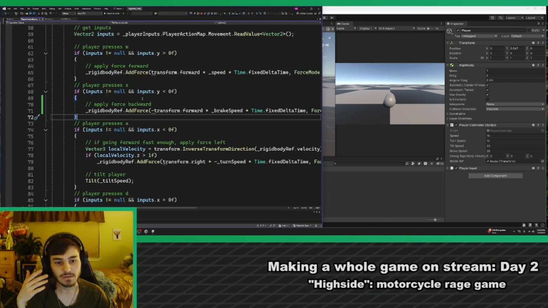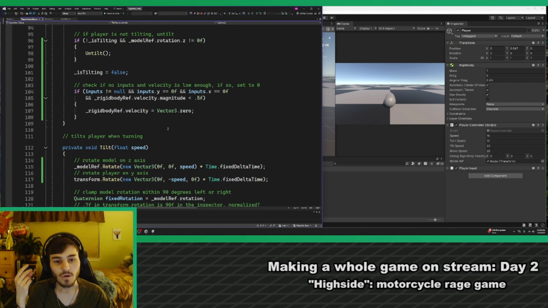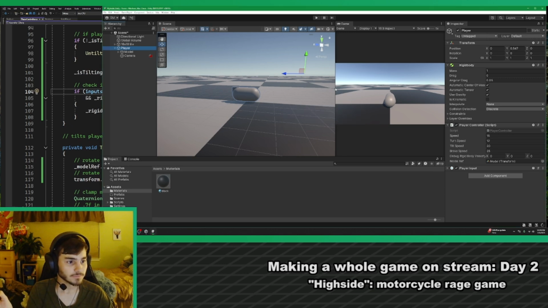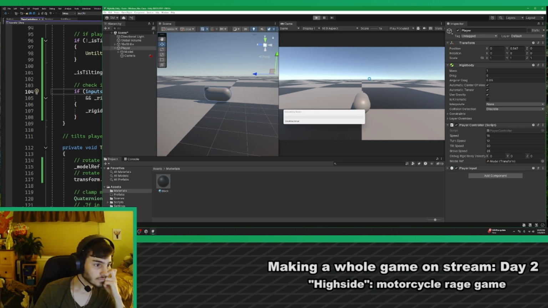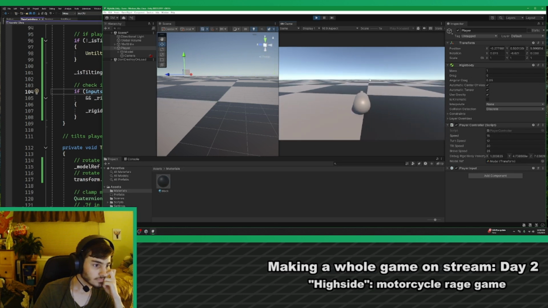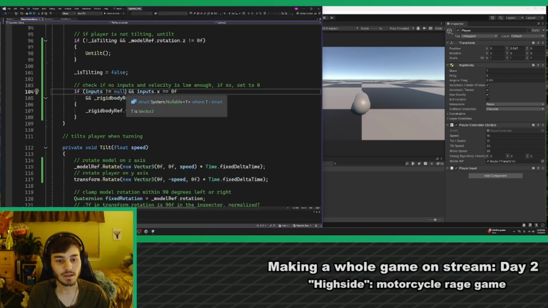Or at least while we're pressing S. Now let's take this out entirely and see if we can still move. So yeah, we can't move forward as long as we do that.